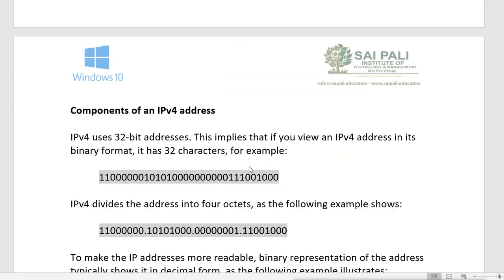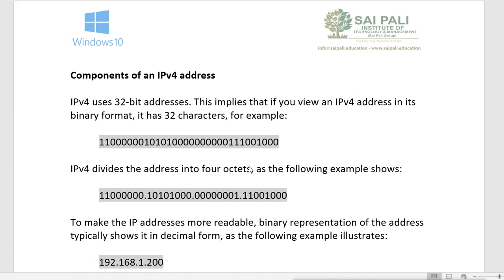So first, before configuring the network connectivity on our devices, we have to understand what IPv4 is and what the components of an IPv4 address are. IPv4 uses 32-bit addresses. Now, a bit is the smallest part of memory. You can't go less than a bit. In the digital world, everything is in bits.